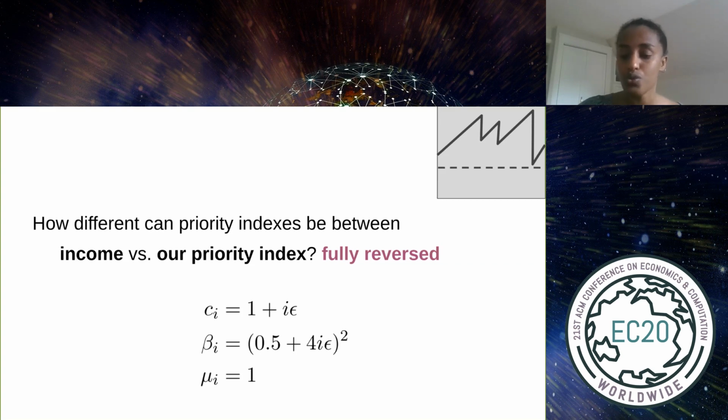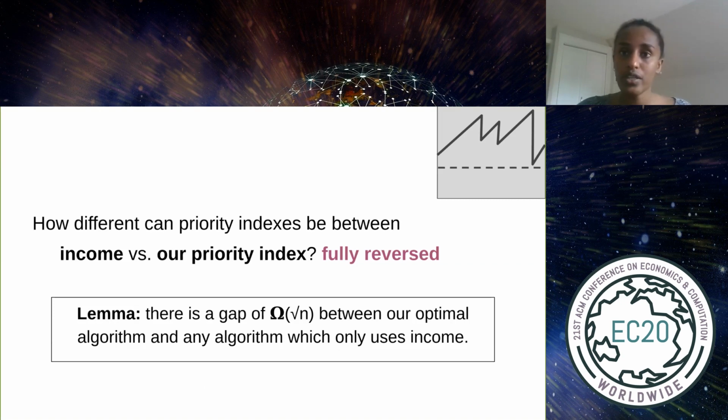This shows a significant difference that taking into account people's income subsidies can make in our solution. In fact, we show that there's a significant gap between our optimal algorithm and any algorithm that only uses income. Again, I'll refer you to the paper if you want to take a look at the details.